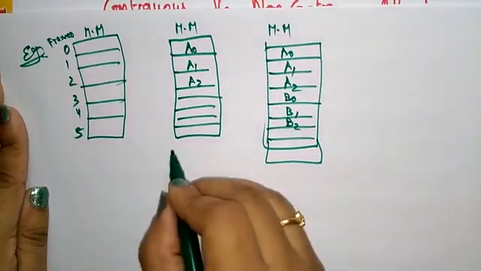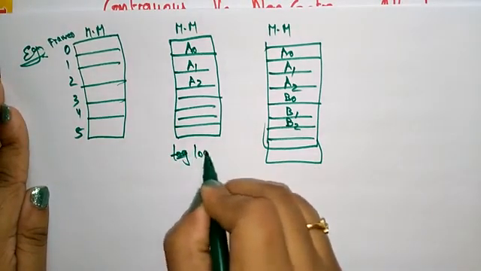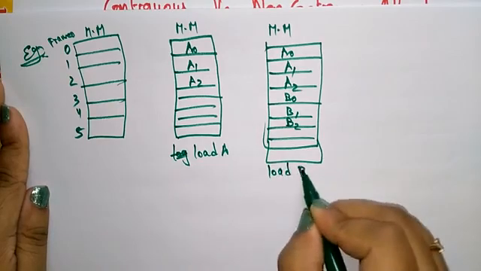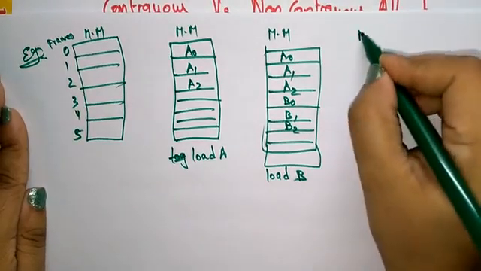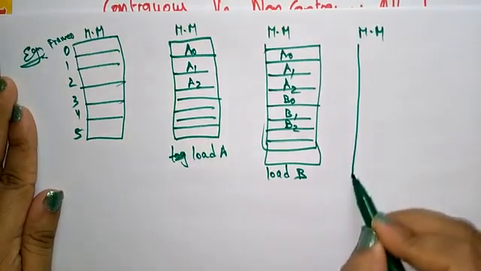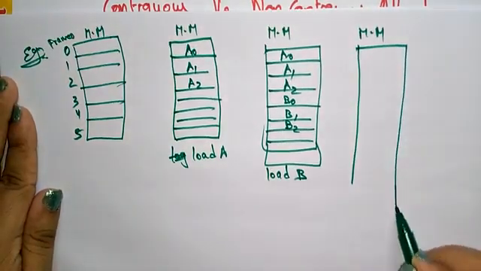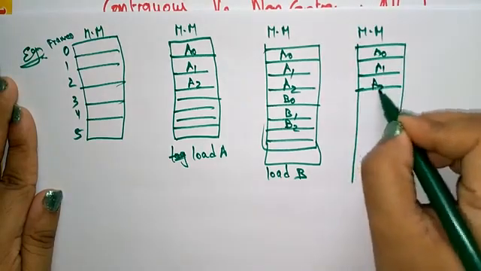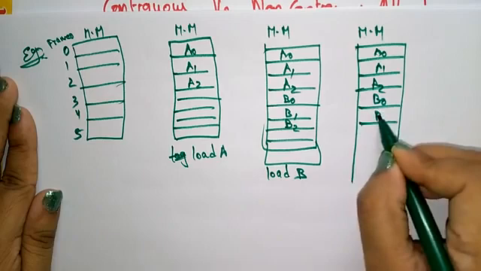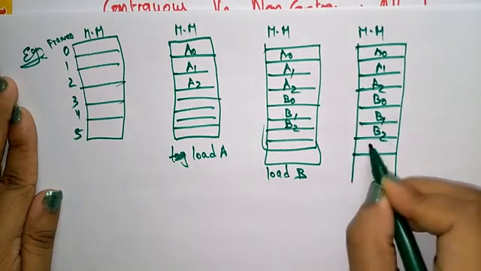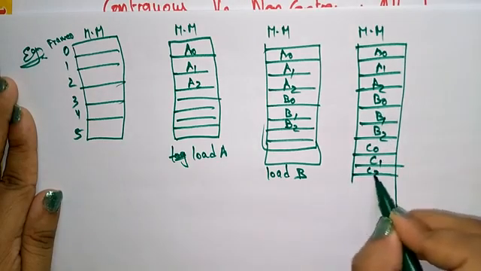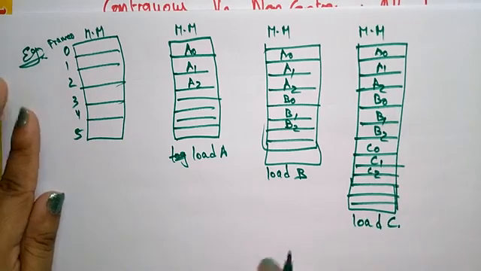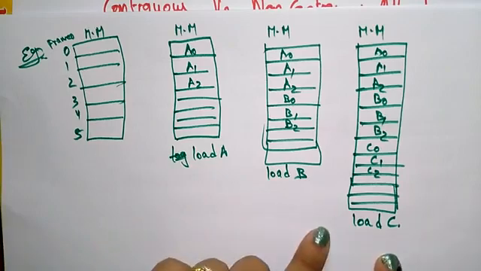So here I load process A, and here I load process B. Now I want to load process C: A0, A1, A2, B0, B1, B2, C0, C1, C2. So I load process A, process B, and process C.